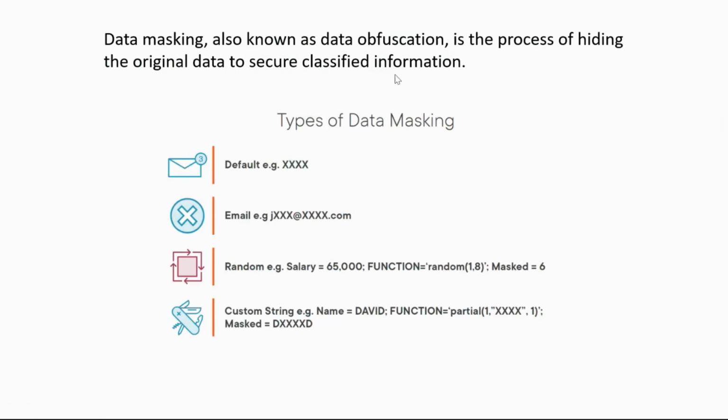Now, dynamic data masking is not overriding the underlying data. The underlying data is still preserved as is. It's just that in the front-end view, whenever we are querying the data, during that time, the data is getting masked.